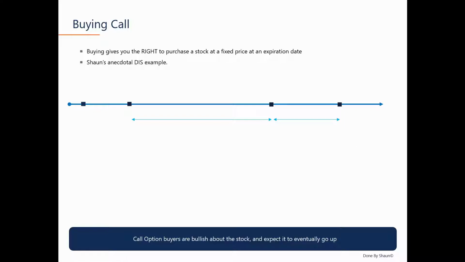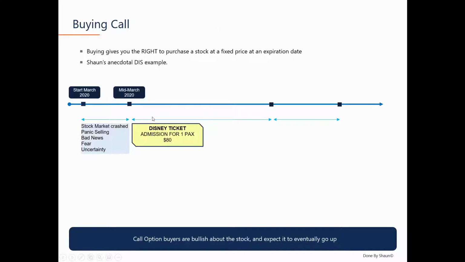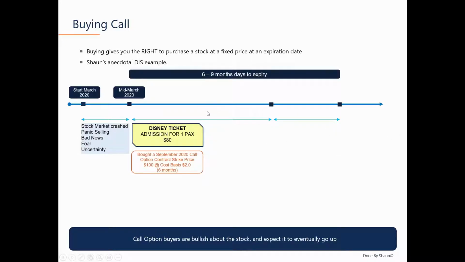So here's another example which I like to use to remember what a buy call option is, in the context of COVID actually. So let's contextualize it a little bit. Let's say it's the start of March and COVID happened and the stock market crashed, due to panic selling, bad news, fear, uncertainty, etc. And in mid-March, the price of a Disney ticket, aka your stock, is only $80.